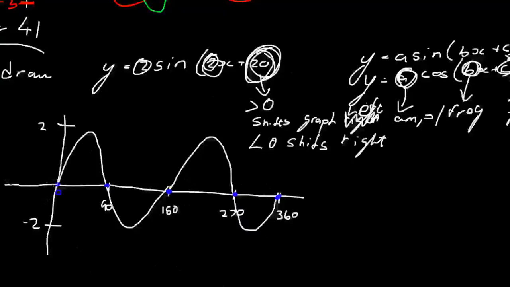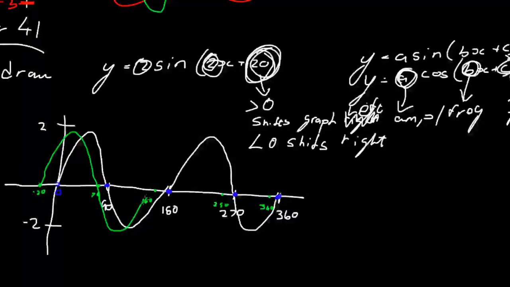So we shift this point to the left by 20 degrees. We're here at minus 20. That is going to be how much? 70. That is going to be 160, 250, 340. And we end up with the exact same graph, just shifted by 20 degrees.